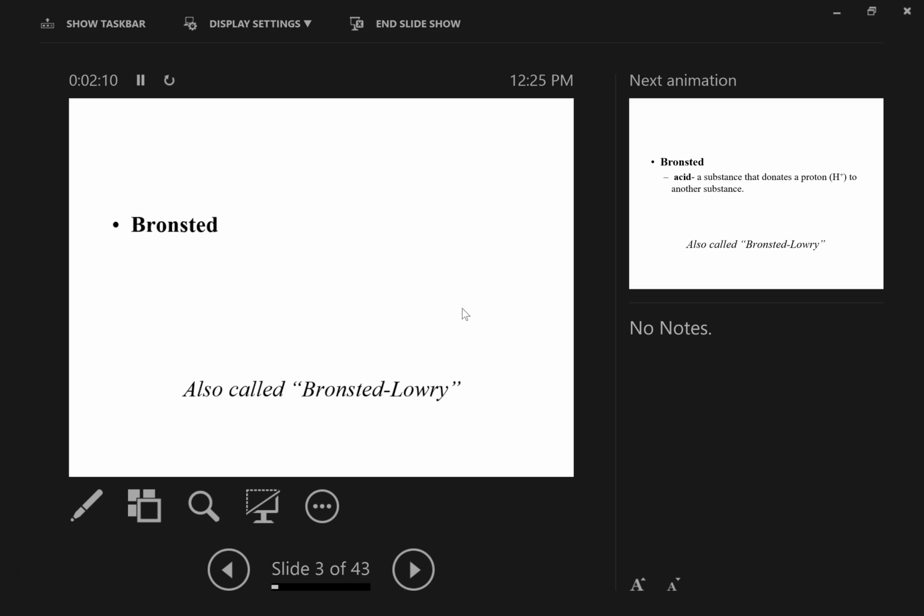The Bronsted or Bronsted-Lowry definition looks like this. It's similar. An acid is anything that can produce an H plus. And actually, this is kind of fun. If we look at the periodic table, the element hydrogen has atomic number 1. So if this is the nucleus of a hydrogen atom, it has 1 proton.